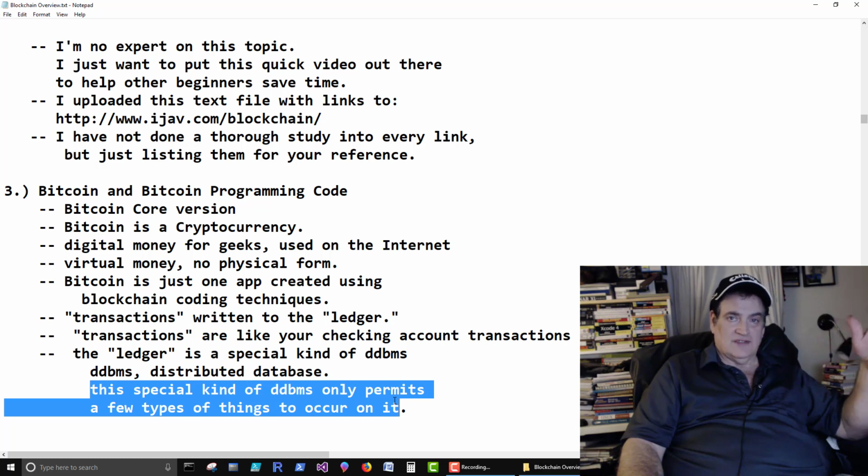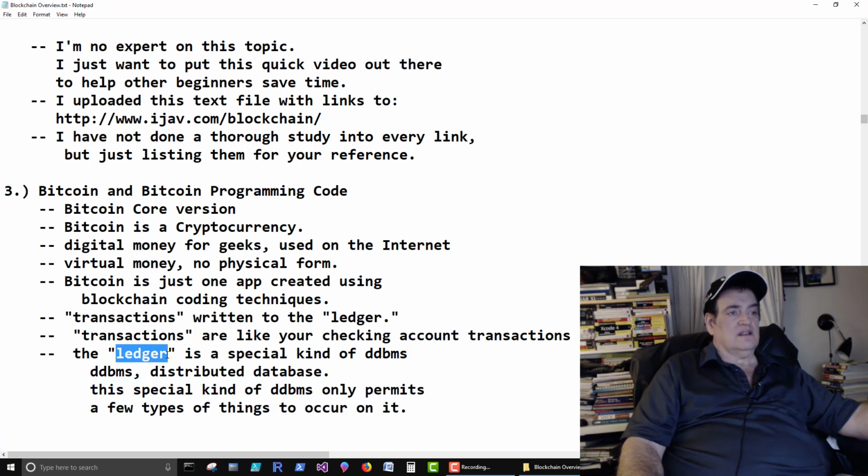If you understand SQL, it doesn't accept all of the SQLs from what I gather. So this ledger, it's written to LevelDB. That's the name of the database. So it's just a database file that's limited, and by convention they call it a ledger.